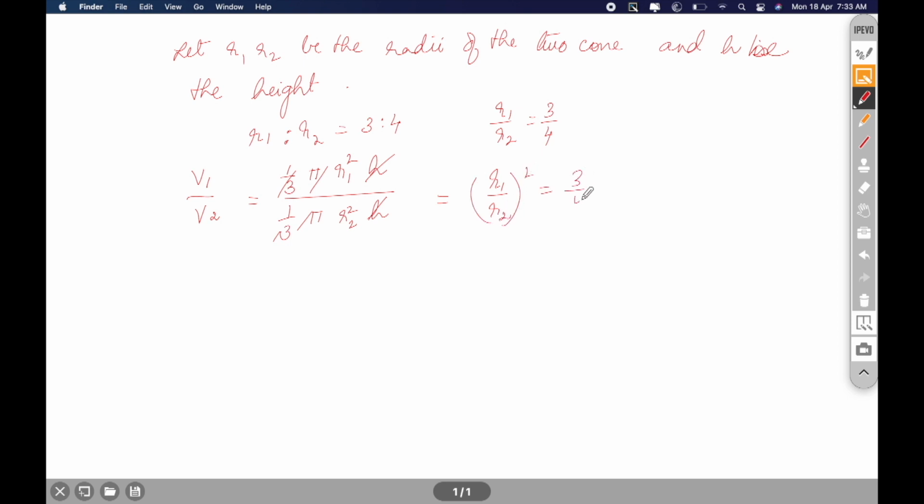So 3/4 whole square, that is 9/16. So required ratio is 9:16. We are not supposed to keep our answer in fraction because the question has asked for the ratio. So answer should be given in the form of ratio, and the correct option to this question is B.